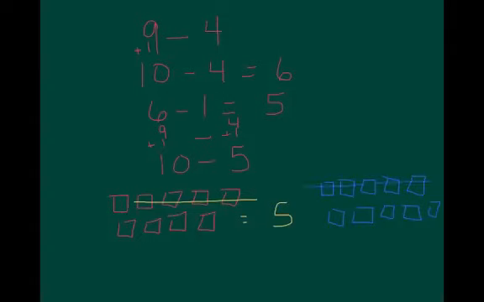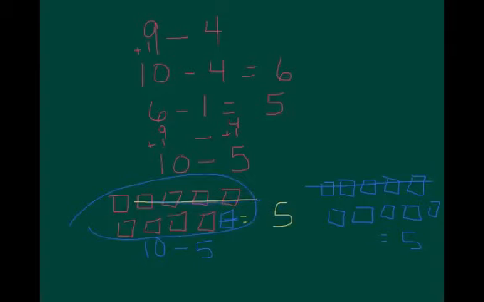Do I still get the same answer? I do, okay? Over here I had 9 minus 4, or what if I added 1 more, but then I subtracted that 1 more away? That really is the same as 10 minus 5. Okay, I had a whole group of 10, but I ended up subtracting 5.